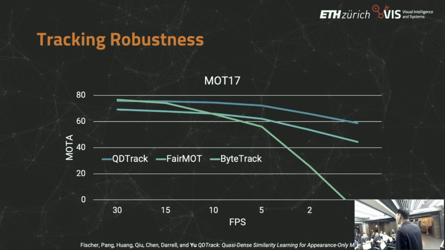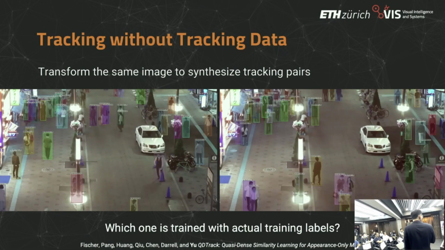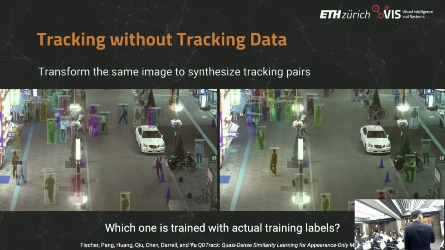Yes? Can you go back to the previous slide? I was thinking about the person with the black dress that crosses the lamp there. Yeah, in the front. Yeah, him. If you play the video, I think when he crosses the lamp, he's not seen, but the bounding box is still able to track him through that.